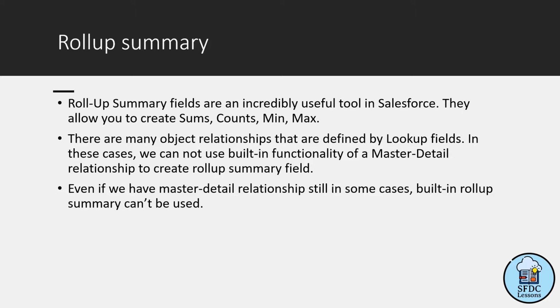Even if we have a master detail relationship, in some cases the built-in roll-up summary field cannot be used. This is the case in our example here. We have a master detail relationship between opportunity and opportunity line item, but using the built-in roll-up summary field we cannot calculate the unique value or unique count. That's why we are using flow to do this job.